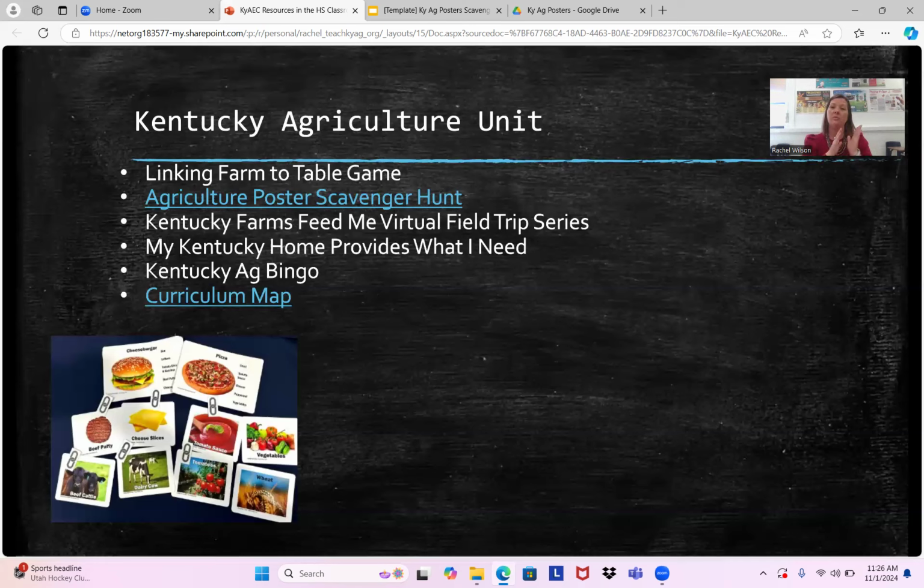And what I'll try to do is we show the video, they'll do some sort of an activity from their notebook, and then we try to do a hands-on activity as well. For example, we made butter when we were talking about our dairy unit. There's an apple taste test that is in the packet that correlates with one of our virtual field trip series when it's talking about visiting an apple orchard.